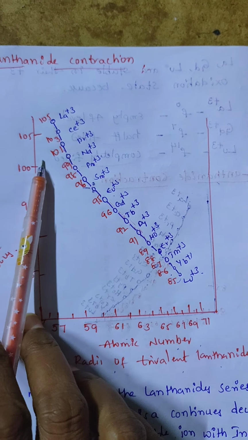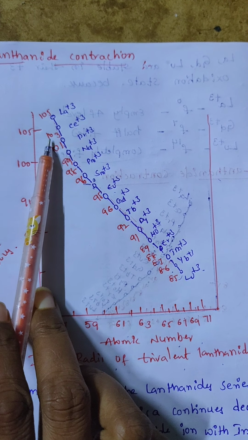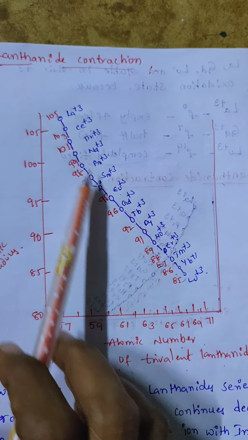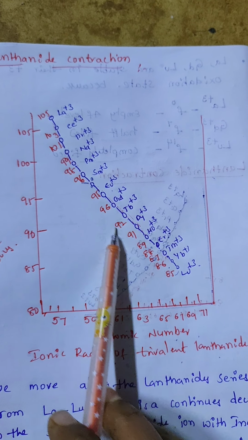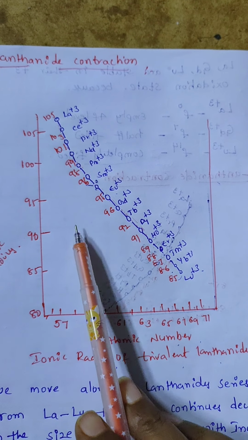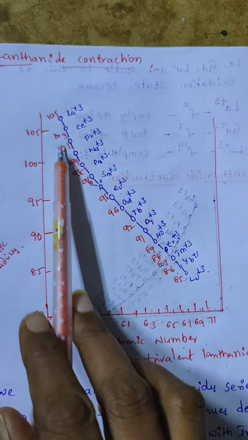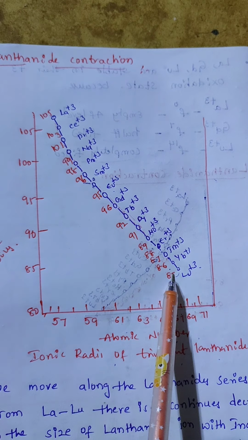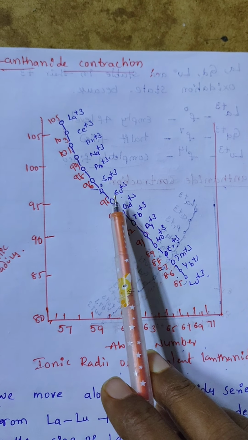What we find here is that as we move along the lanthanide series from lanthanum to lutetium, there is a continuous decrease in the size of the lanthanide ion as the atomic number increases. From lanthanum to lutetium, atomic number increases and the size decreases.